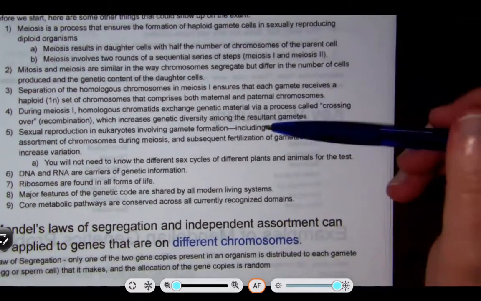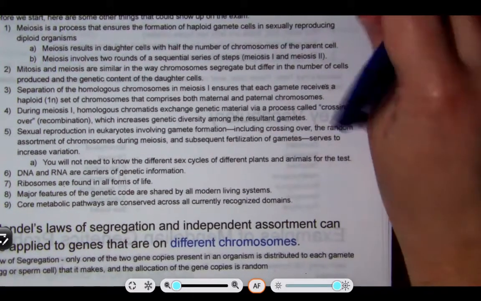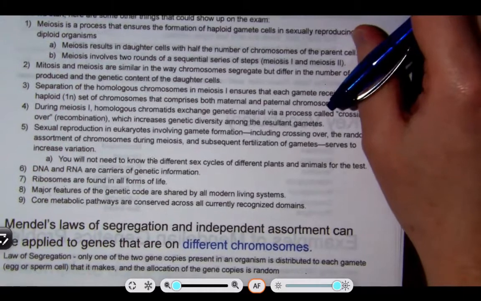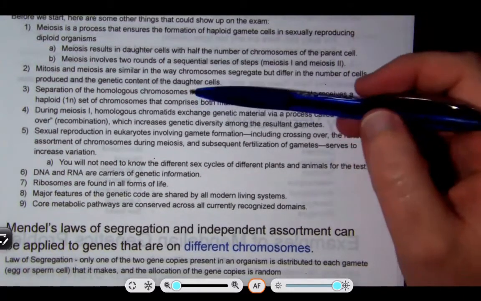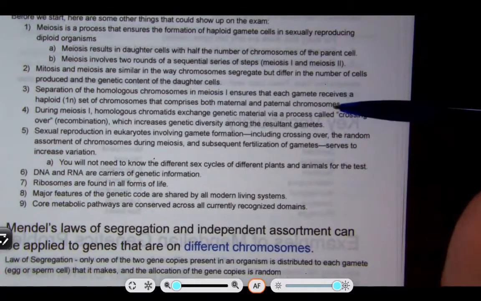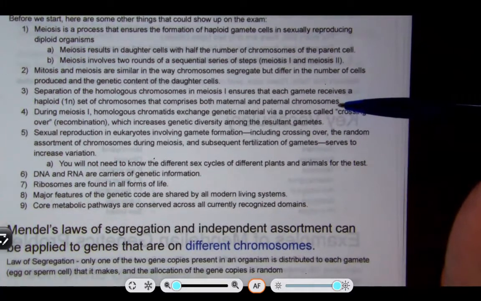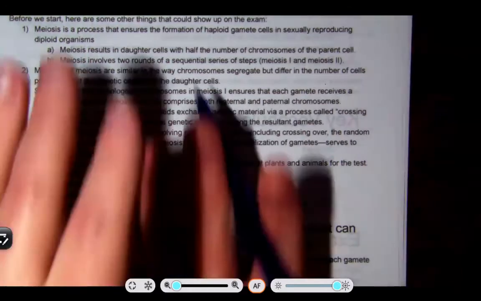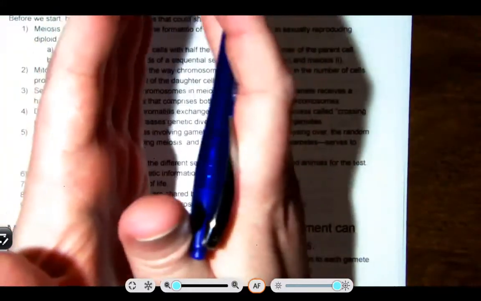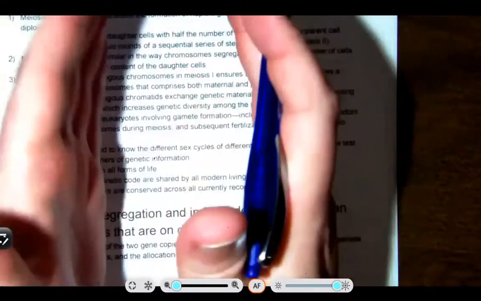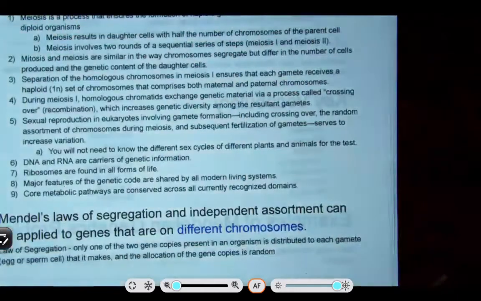The separation of homologous chromosomes in meiosis 1 ensures that each gamete receives a haploid set of chromosomes that comprises both maternal and paternal chromosomes. That's crossing over. So when we see the crossing over happening and then the genes line up in separate ways, where some of dad are on one side and some of mom are on the other.